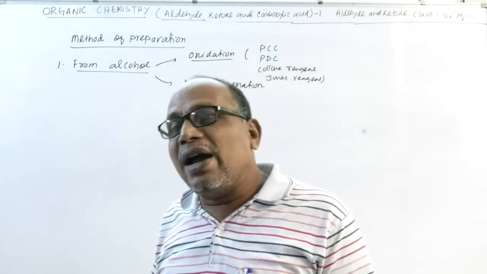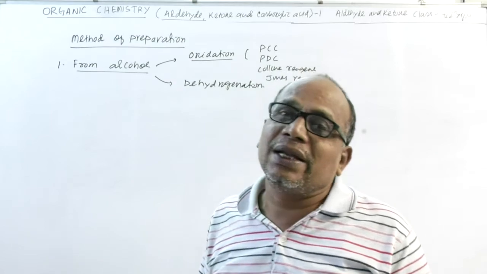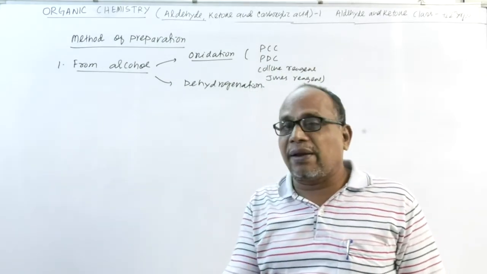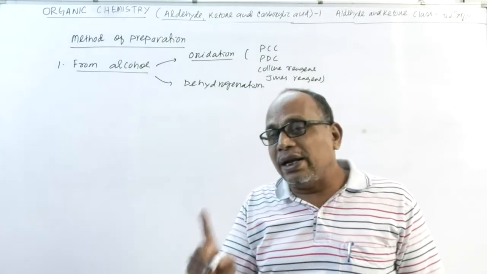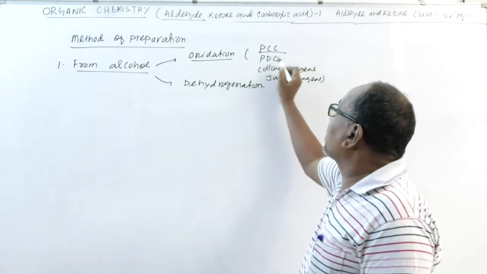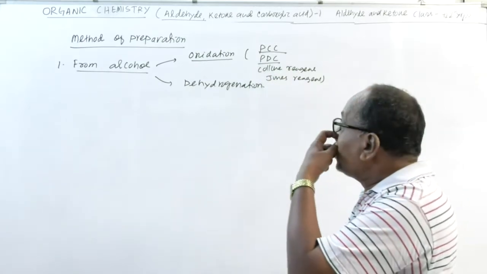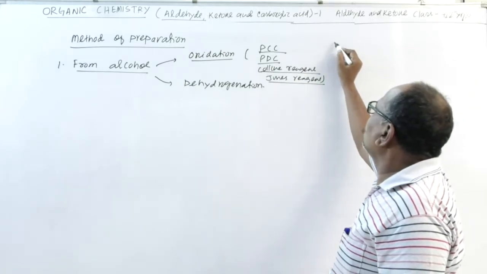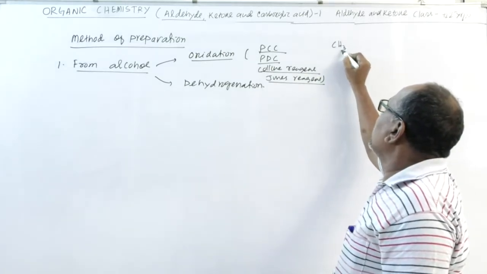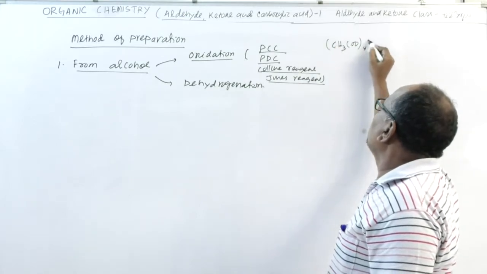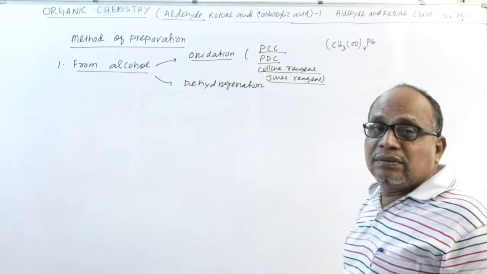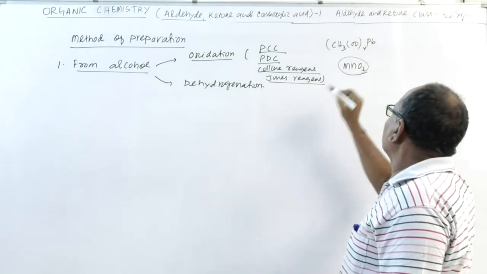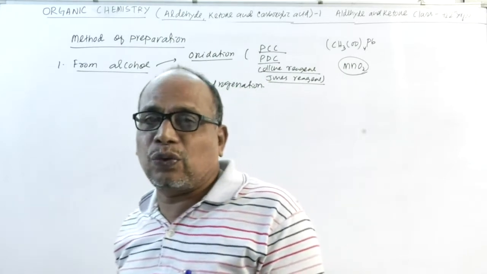Carboxylic acid. The final product you will get is a carboxylic acid. To stop the oxidation at the first step, means alcohol converting to aldehyde, we use very specific reagents, that is PCC, PDC, Collins reagent, Jones reagent, or you can also use CrO3, lead tetraacetate, and you can also use MnO2, a very specific oxidizing agent, MnO2.